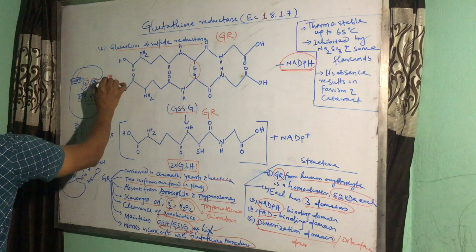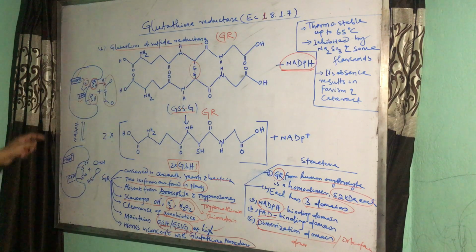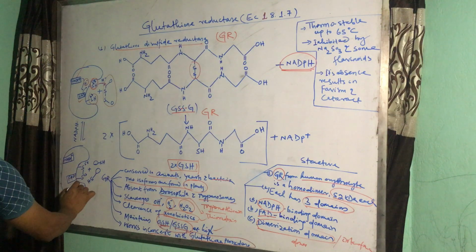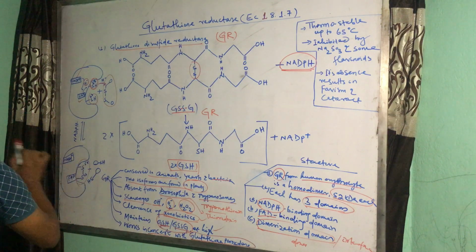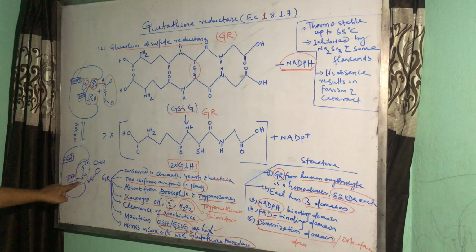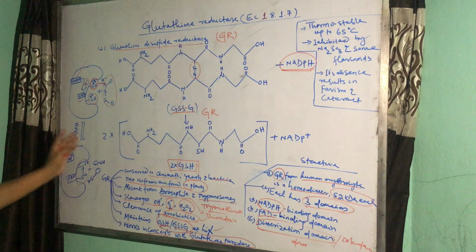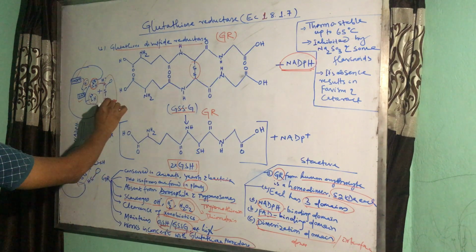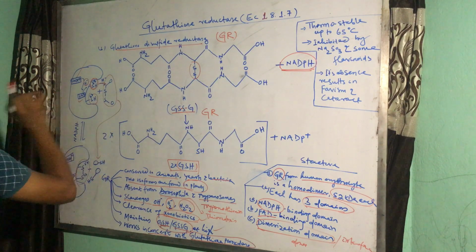This is the oxidized glutathione, which is the substrate, and the cysteines 58 and 63 are reduced, which in turn reduce the oxidized glutathione.